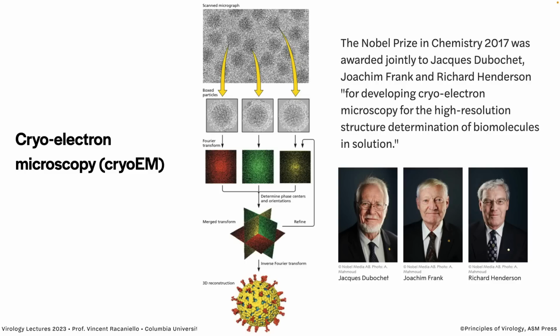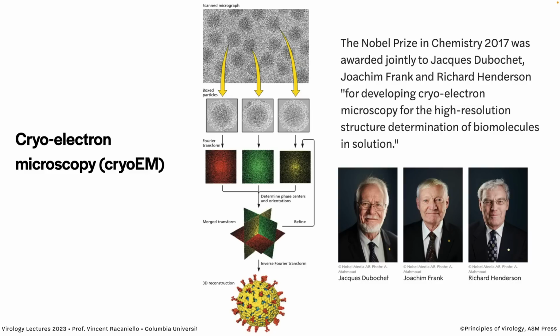And you take a lot of pictures of individual particles. And the idea is every particle is in a slightly different position. It's kind of like a CAT scan, right? Where they put you on a bench and they rotate an X-ray around you to take a three-dimensional, they reconstruct three-dimensional images. It's the same thing here, except the viruses are all moved around independently.